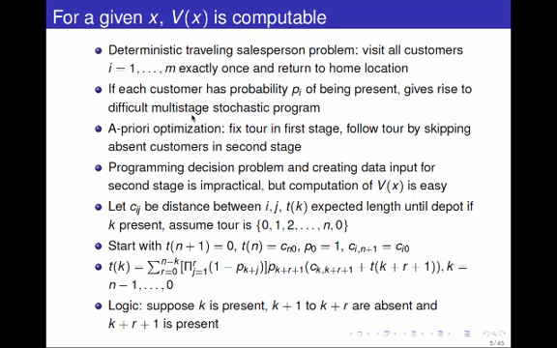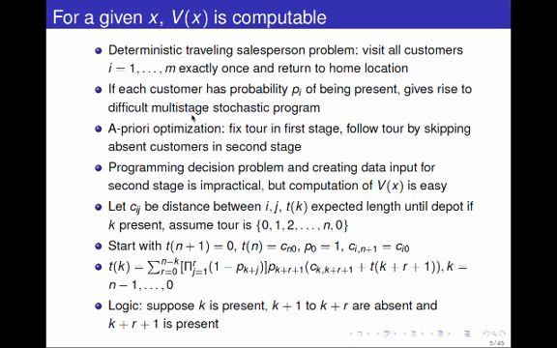The cost of that trip would be c of k comma k plus r plus 1, because I don't even bother visiting the guys before k plus r plus 1. I immediately jump to k plus r plus 1, so I miss that part of the cost of the trip. And then I'm left with, by definition of what t is, the rest of the trip. Well, what are the chances of that occurring?